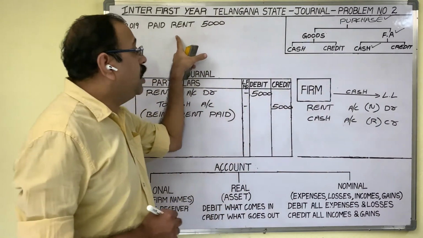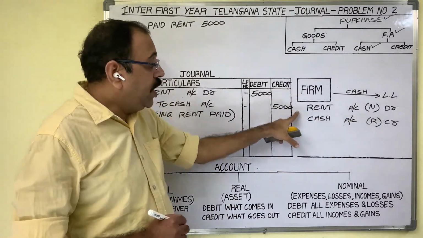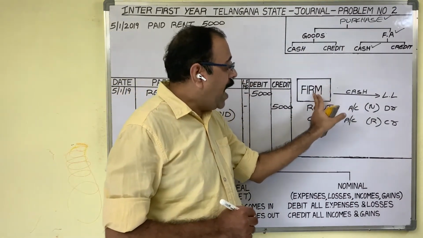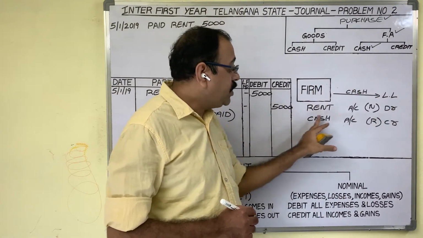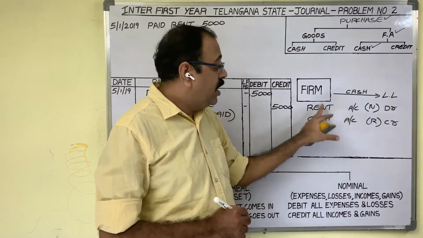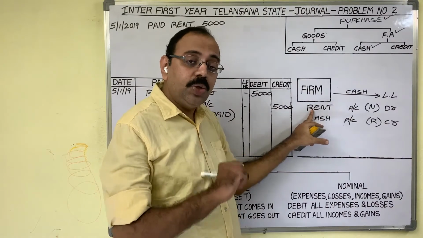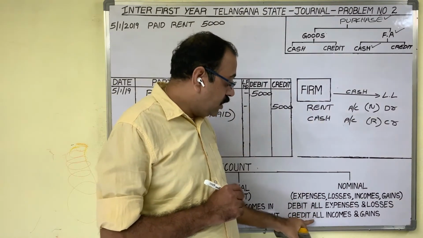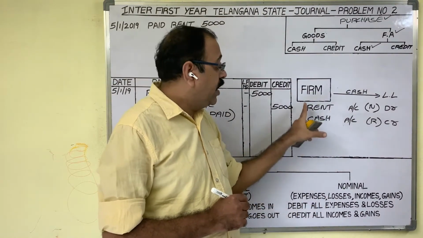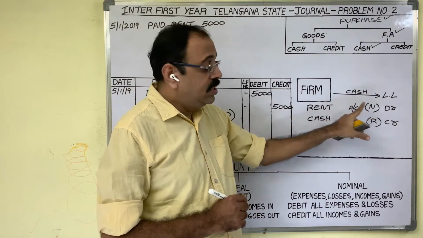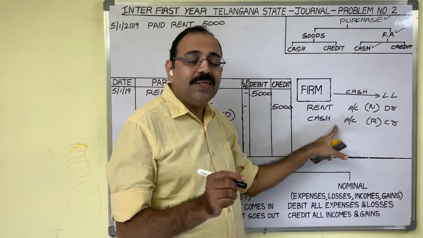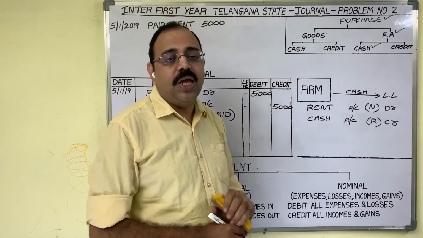Here the expenditure name is rent. Rent account is one account. And as cash is going, cash account is another account. Rent is an expenditure to the firm. Expenses come under nominal account. Rent account is a nominal account. Cash account. Cash is an asset, no? It is a real account.